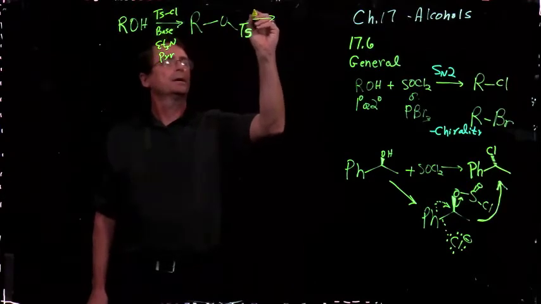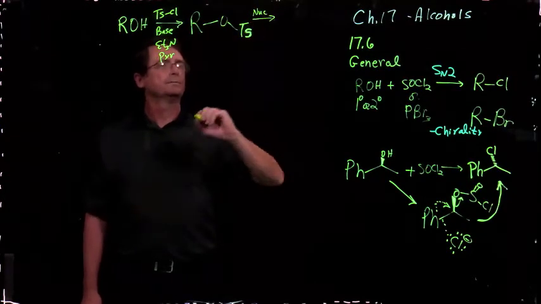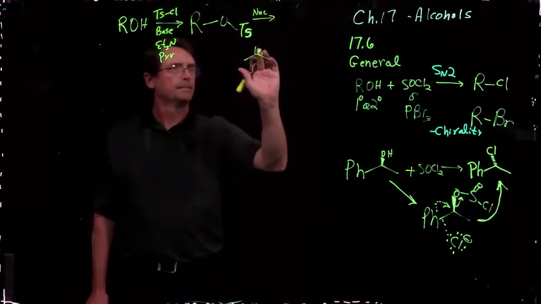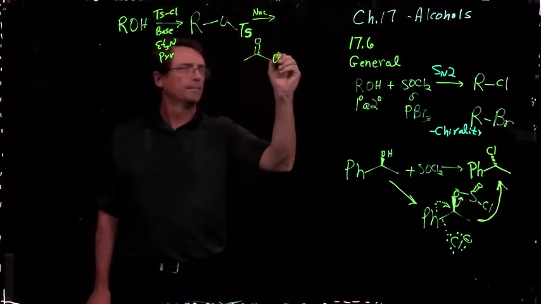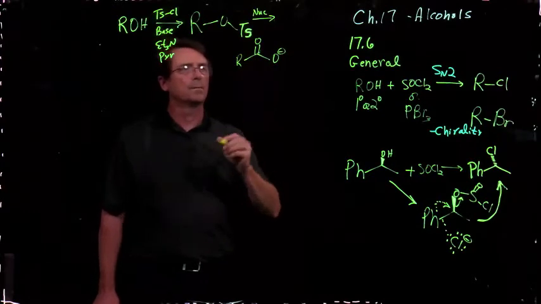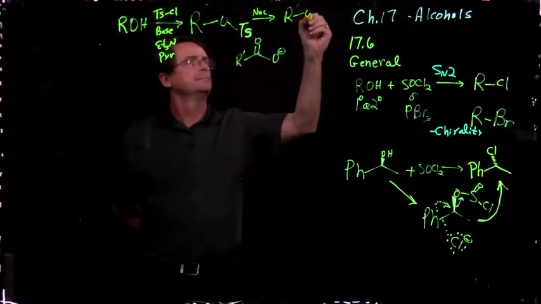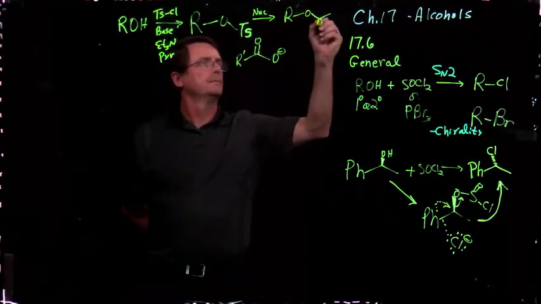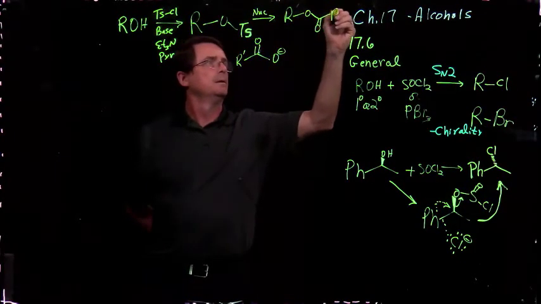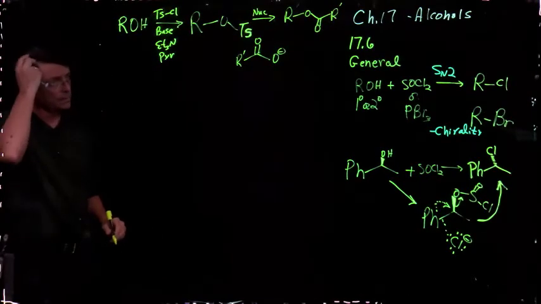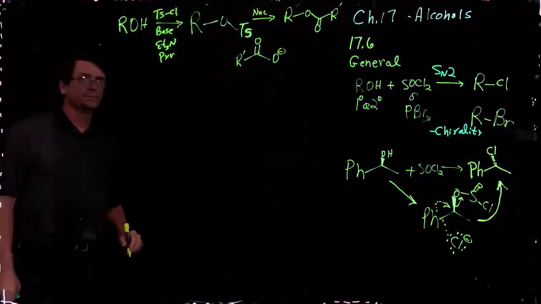We can then react that with a nucleophile, for instance, a carboxylate, and convert the alcohol to an ester.